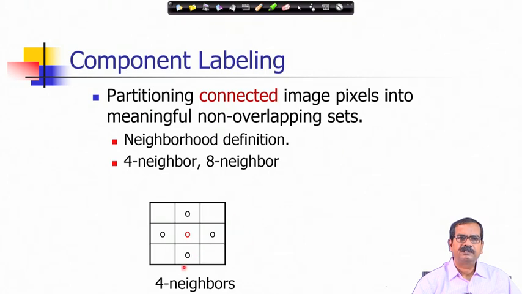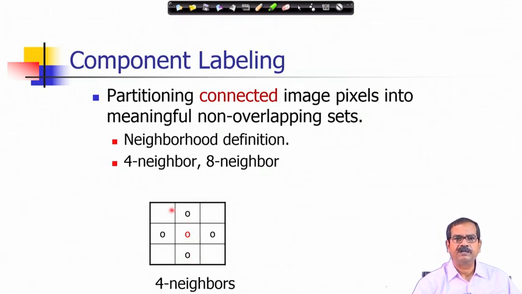Say 4 neighbors are defined in this fashion. Given a pixel, these are the positions of the neighboring pixels, and out of them these are the pixels called 4 neighbors. Suppose this is a location x, y, a coordinate location. So, this could be x, this should be x plus 1, y. This is its right neighbor. Similarly, x minus 1, y is its left neighbor, x, y plus 1 its top neighbor, x, y minus 1 its bottom neighbor.